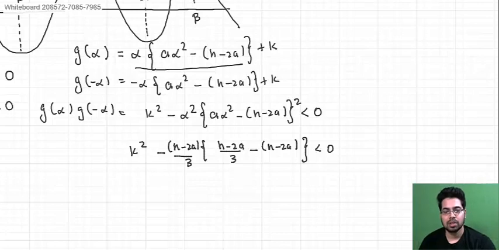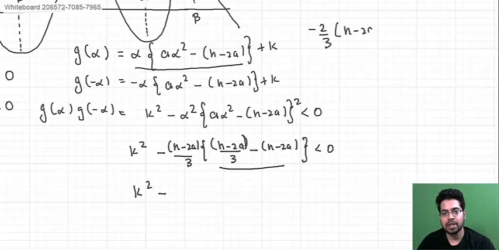So this would turn out to be k square minus, this is h minus 2a. So this quantity inside the bracket is minus 2 by 3 h minus 2a. So square of this, okay. So h minus 2a, here we are having square actually.